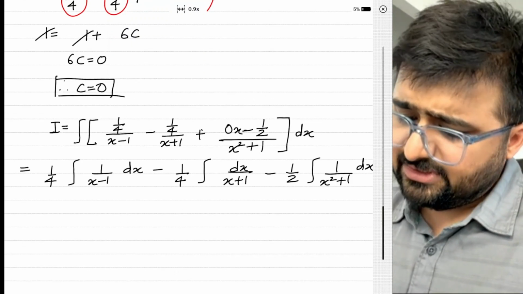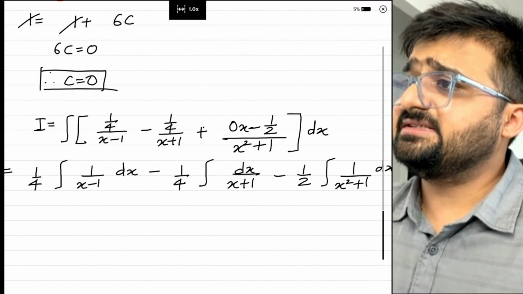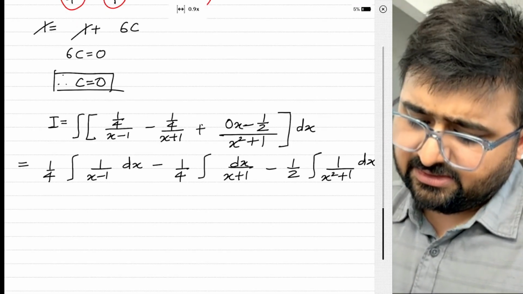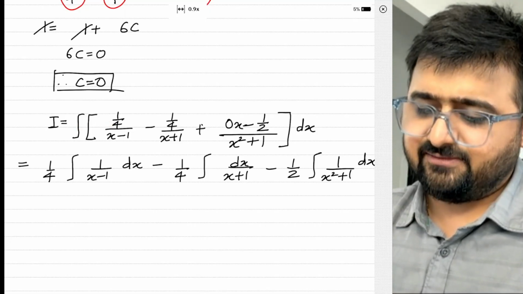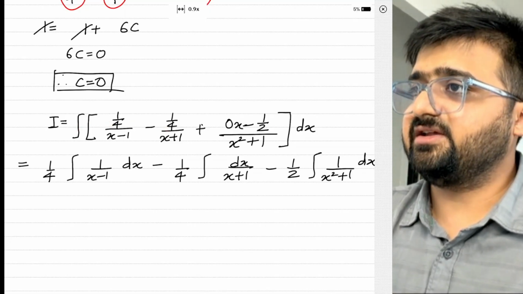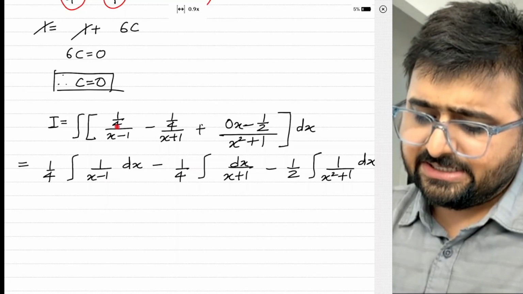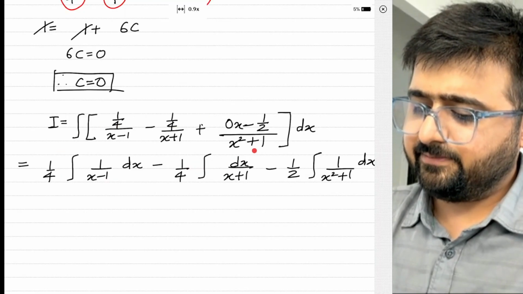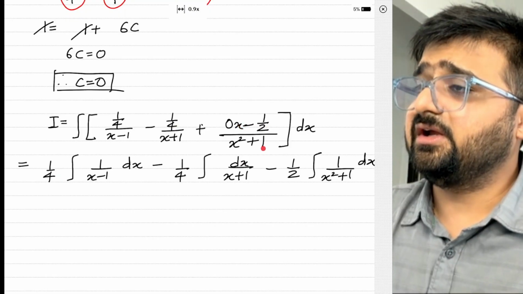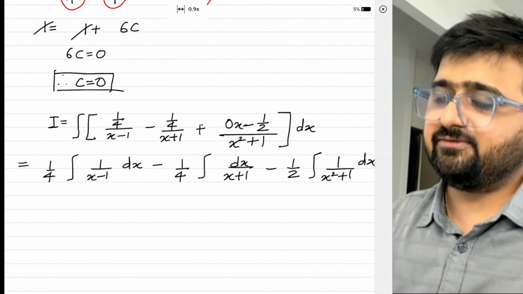Don't forget to write dx. Remember that what I essentially did here is split that integral into all of those terms. I give that integral to the first term, then to the second term, then to the third term, and I take the constants out. So I took 1 by 4 out, then minus 1 by 4 out, then this was essentially 0, and I took minus half out.